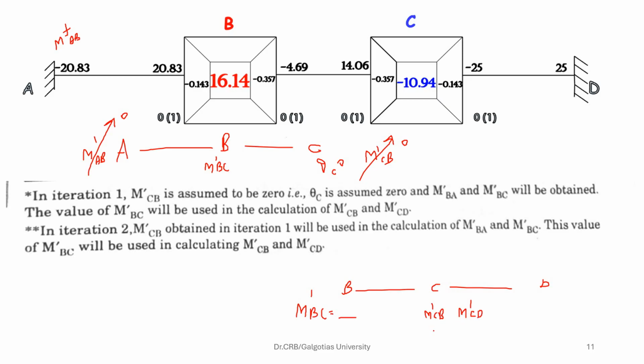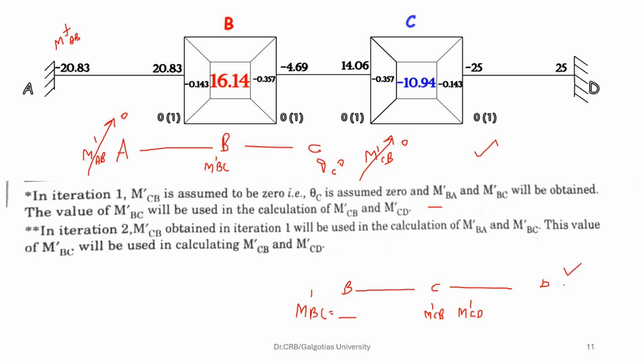You understand? First we calculated M dash BC by using the farther end M dash CB to be 0 and M dash AB to be 0. Then this M dash BC is taken at this location and it will be used for calculating M dash CB and M dash CD. So this is the first iteration.